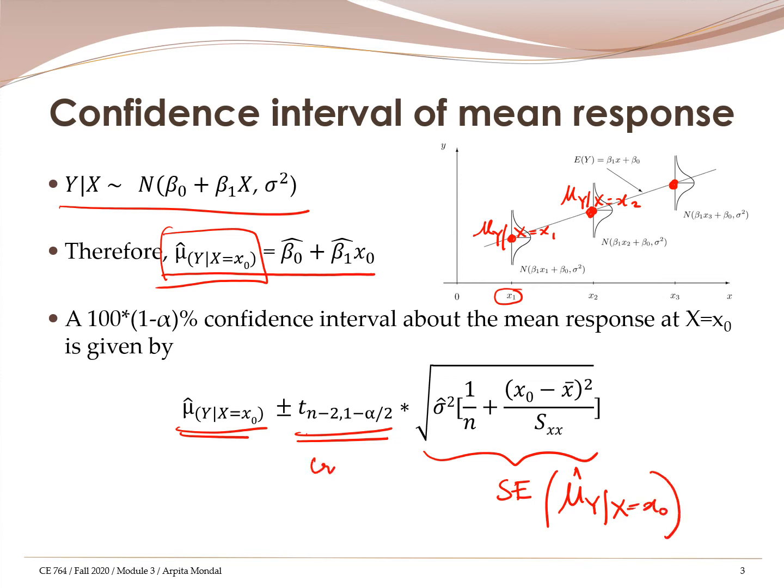This is of course our critical value, and this is the predicted mean response, which is nothing but beta naught hat plus beta 1 hat x naught. So at the level x equal to x naught, we'll get a predicted mean response. Not only will we get a point estimate of the predicted mean response, but we'll also get a confidence interval around it.